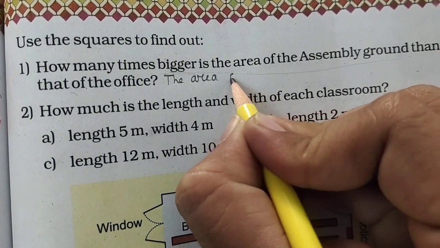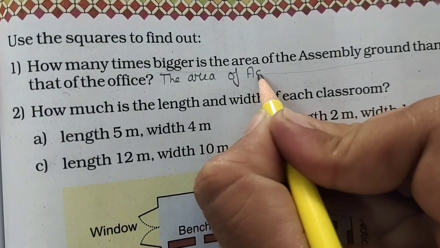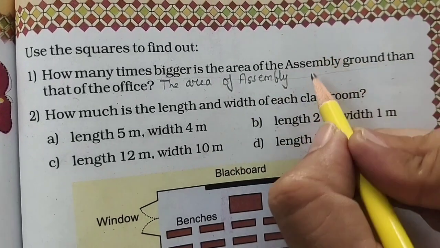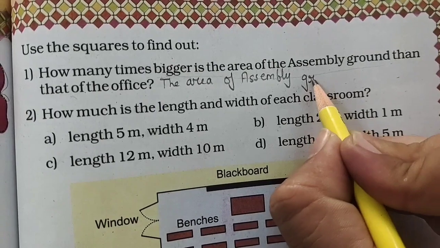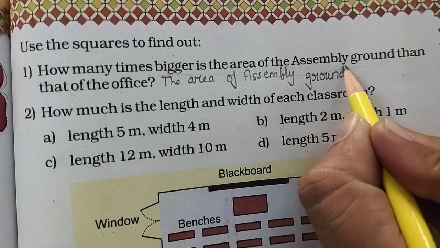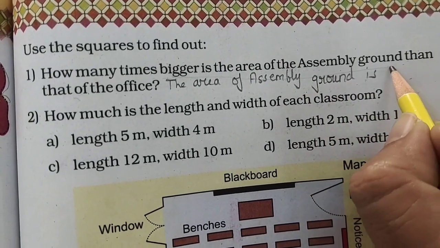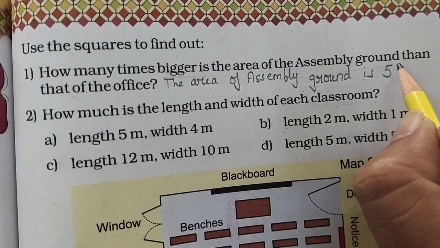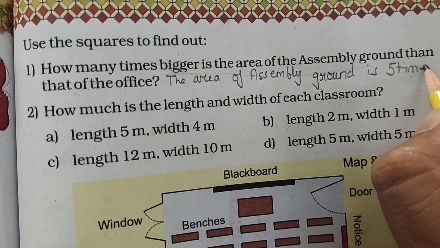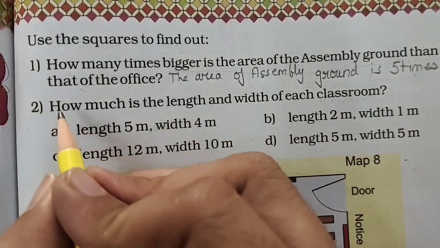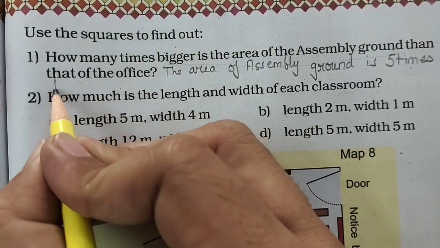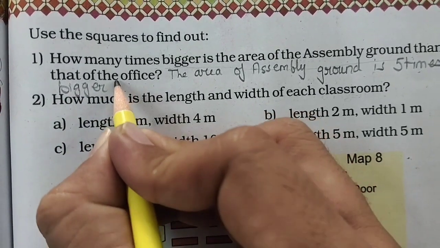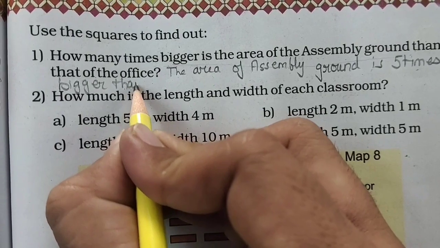The area of assembly ground is 5 times bigger than office.